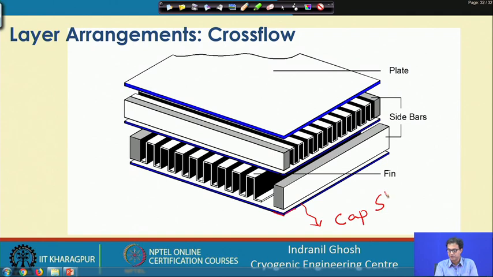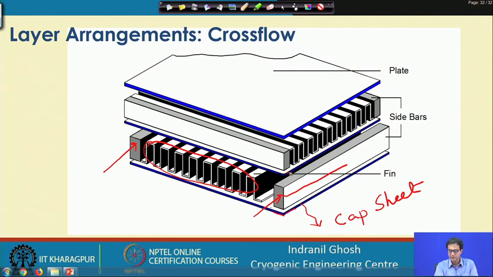So, this cap sheet will be there on the bottom and on the top. On top of one cap sheet we have the sidebars, on both sides, placed on top of that cap sheet. Then we have the fin, a complete fin which is placed on top of this cap sheet.